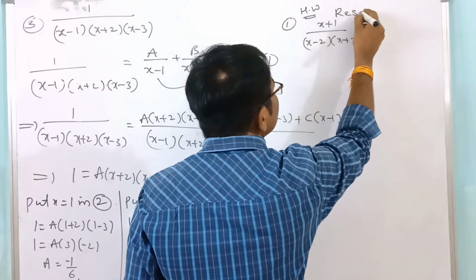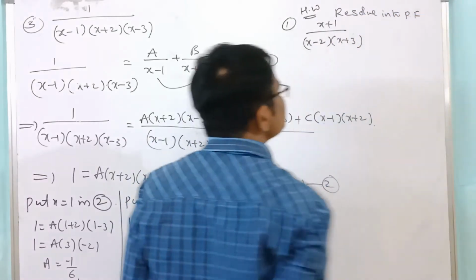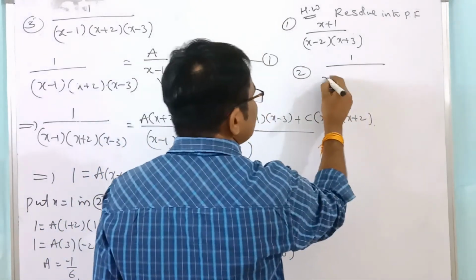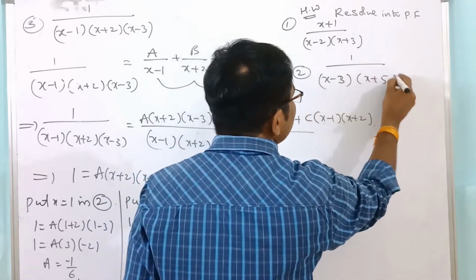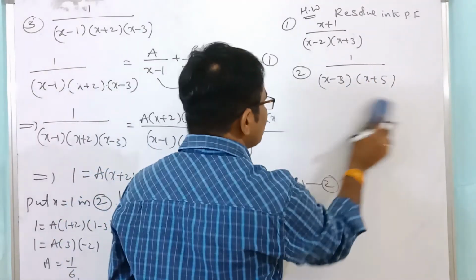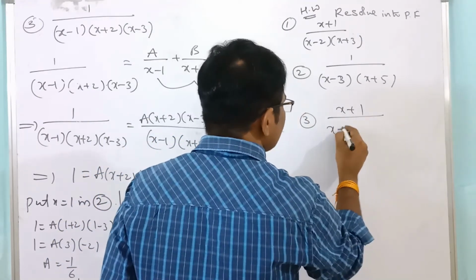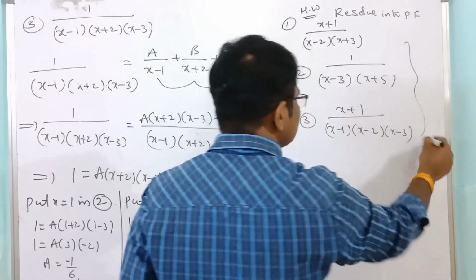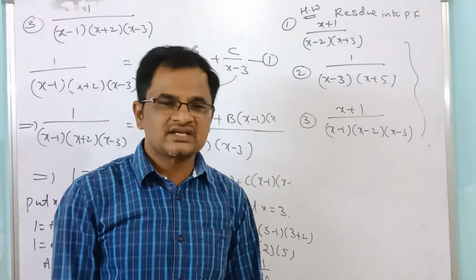Resolve into partial fractions. And the second one is 1 by x minus 3 into x plus 5. And the third one is x plus 1 by x minus 1, x minus 2, x minus 3. These three are homework for the first method of partial fractions.